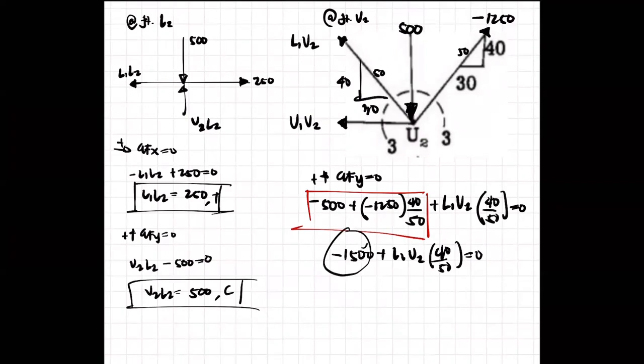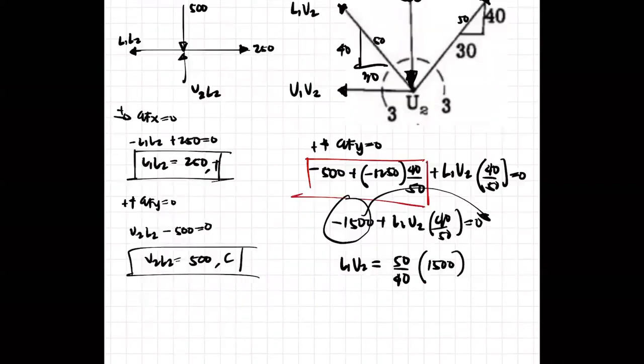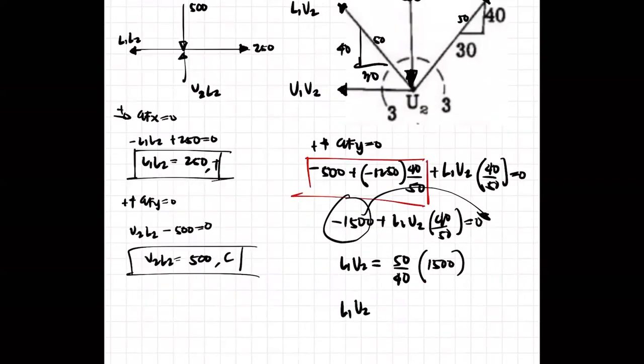So, transpose yung negative. This one is L1 U2 is equal to 50 over 40, 1.5. So, L1 U2 is 1875 tension. Okay?